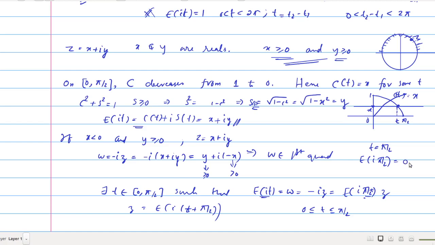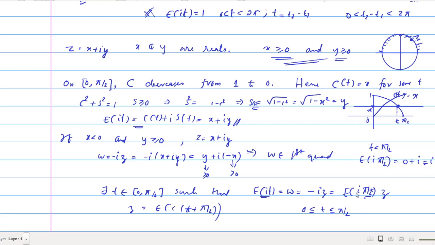Cos of pi by 2 is equal to 0, and sin of pi by 2 is 1, so this is i. So this is the value of e to the power i pi by 2. When t is equal to pi by 2, the value of this e is equal to i.